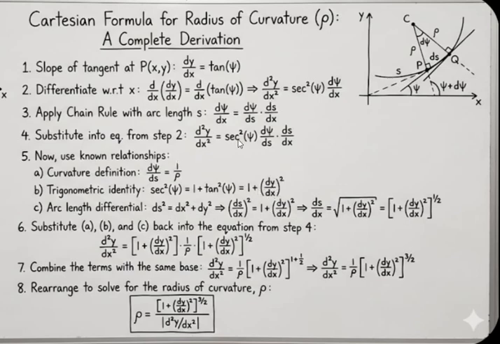Okay, and already what is ds by dx we want? Actually we know that whenever Q tends to P, this ds acts as a hypotenuse, and this is dy and this is dx.